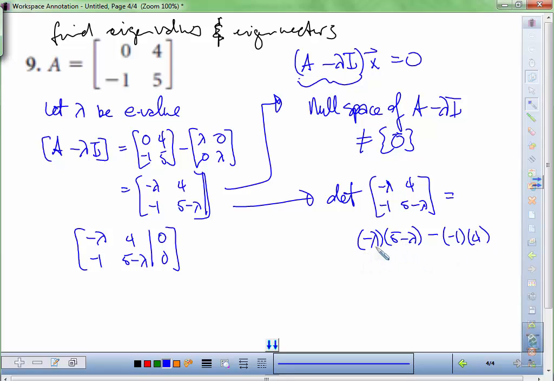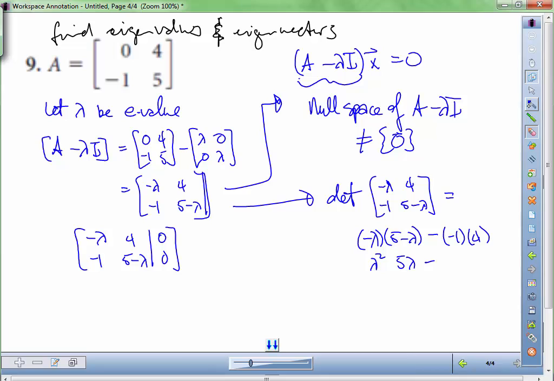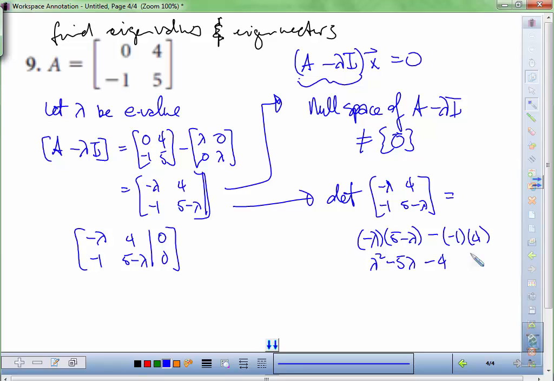And this turns out to be lambda squared plus 5 lambda minus 5 lambda, and positive 4. Plus 4.